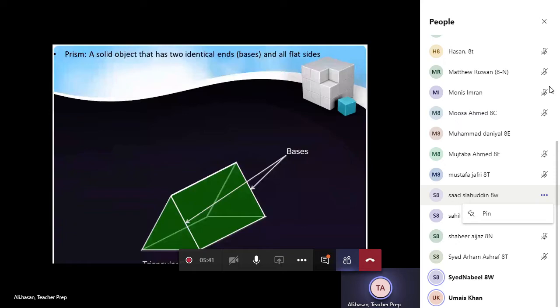I hope you are not finding any problem. Still, I'll repeat that if a rectangular prism has six sides, six faces, the area of each and every face is calculated, and then the areas of all the faces are summed up to get the total surface area.